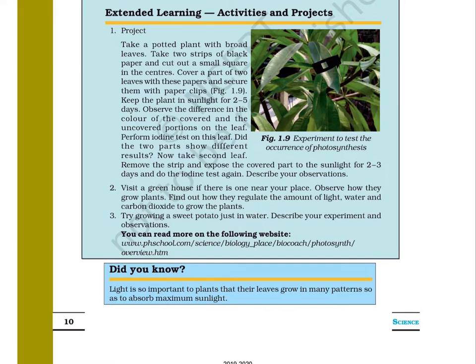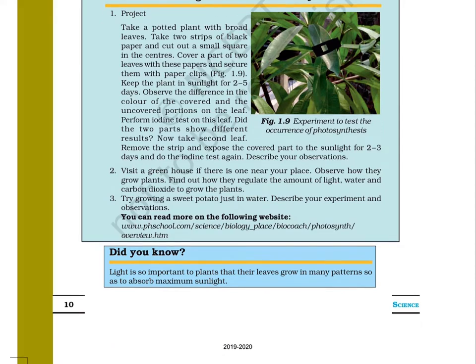Did you know? Light is so important to plants that their leaves grow in many patterns so as to absorb maximum sunlight. The chapter 1 of total 18 chapters of the book ends here.